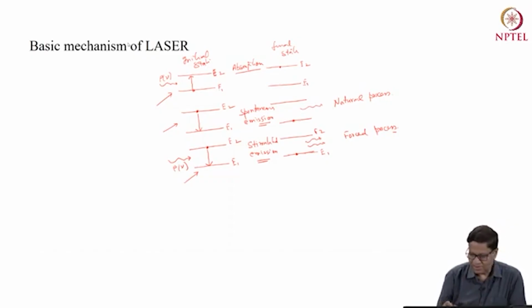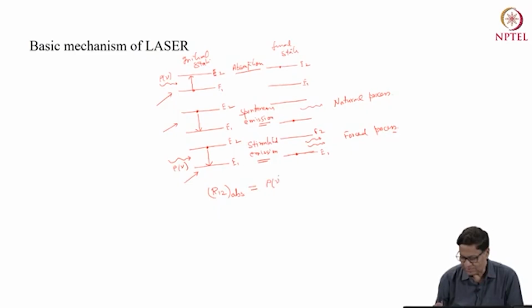If I consider, for example, the absorption part, then the absorption rate R12 is proportional to rho nu, that is the flux density falling onto it, and it is proportional to the number of electrons in the E1 level, which is say N1, and the probability that the electron is here and is absorbed is given by B12. These are transition probabilities.